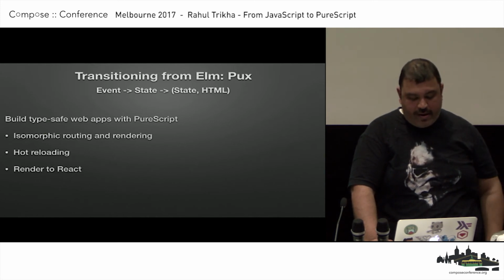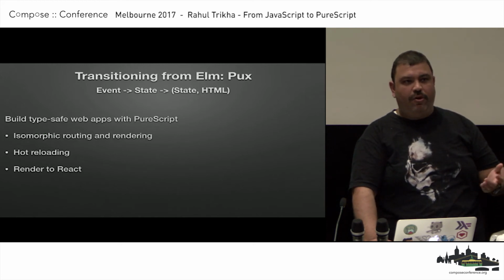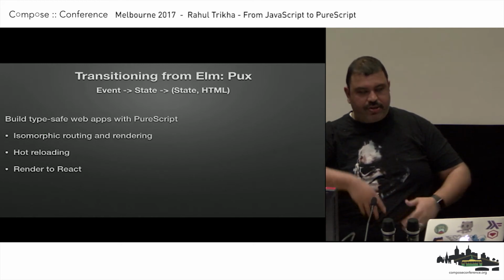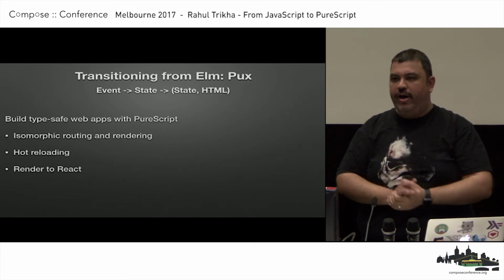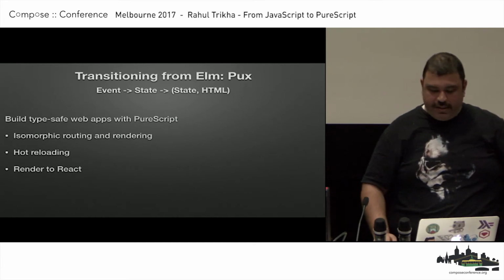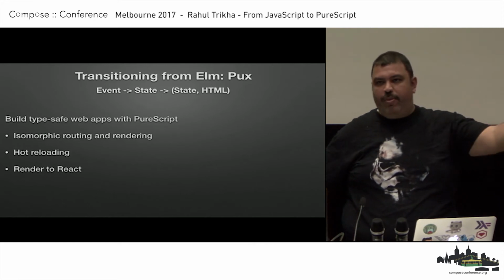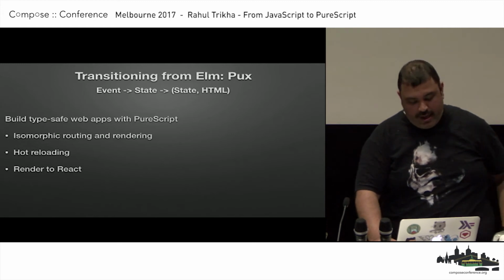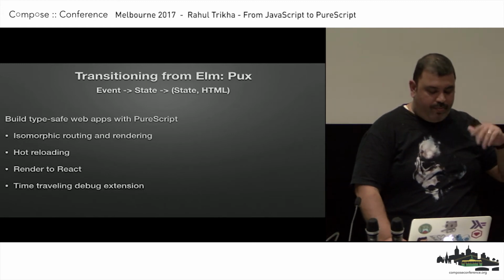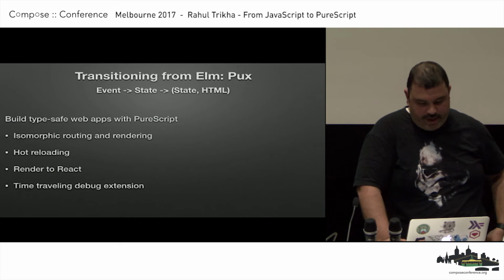It has hot reloading. It also renders to React, which is kind of amazing. Because of this JavaScript interoperability, they have been able to consume libraries which are already out there. They don't have to reinvent the wheel, or write their own rendering or DOM manipulation library. They can just say, React is already solving all these things, I can just use that. It also has a time-traveling debug extension for people who like Elm, like me.